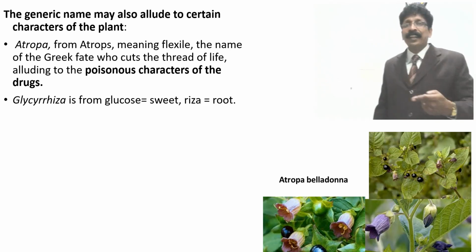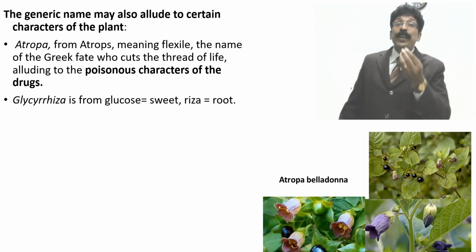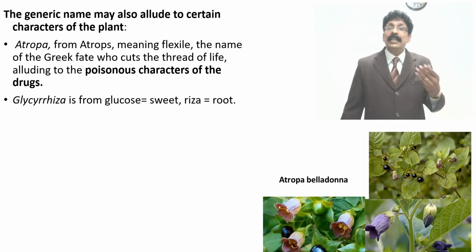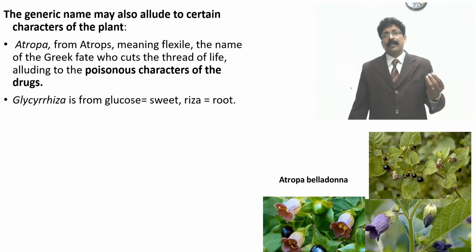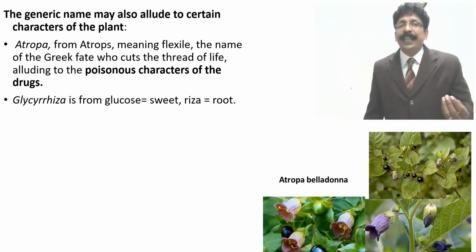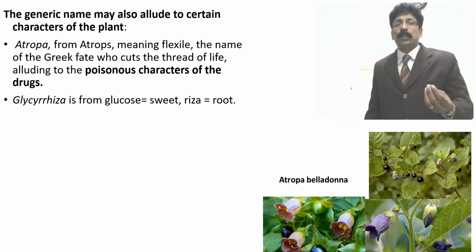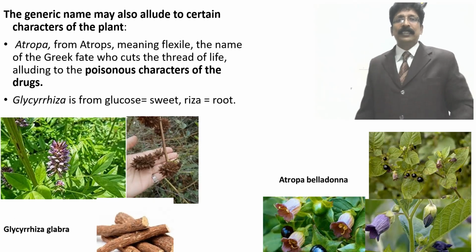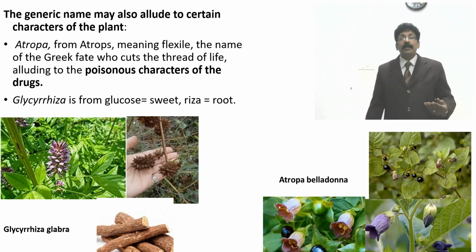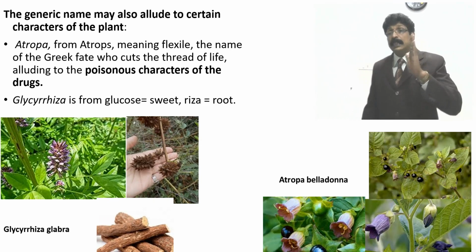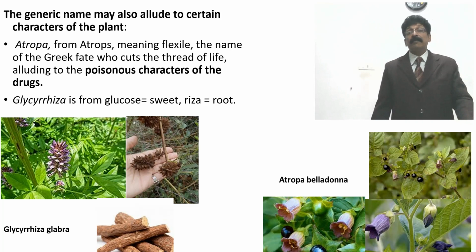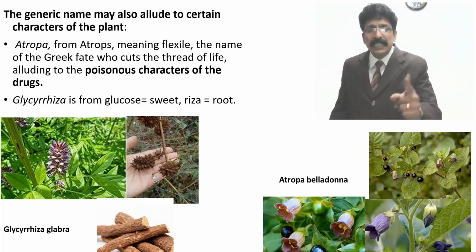But here it is sweet, what I told as Adi Madhuram. Glycyrrhiza: glyco means glucose, sweet, and rhiza is the root. You can see the roots of Glycyrrhiza glabra, that is the Glycyrrhiza name. So not only the species name, even the genus name also has some relationship with the characteristics of the plant.